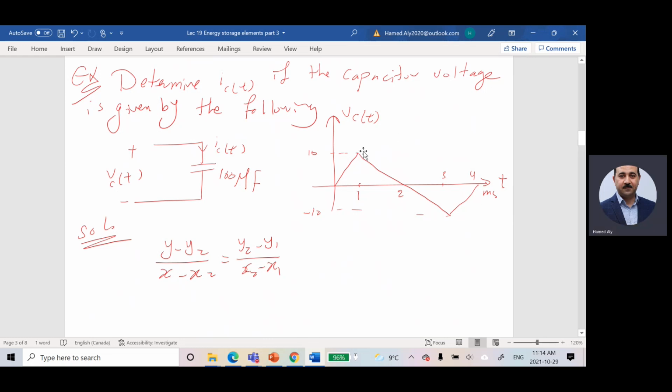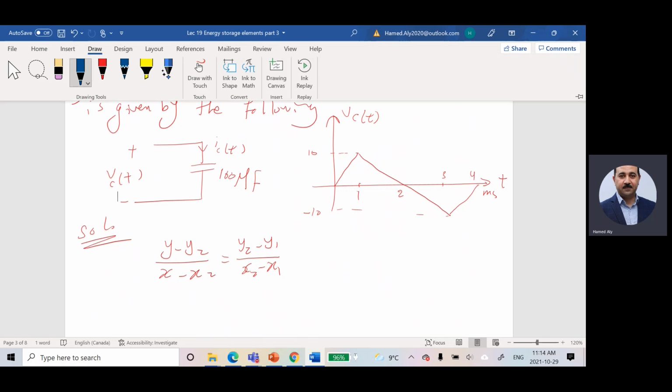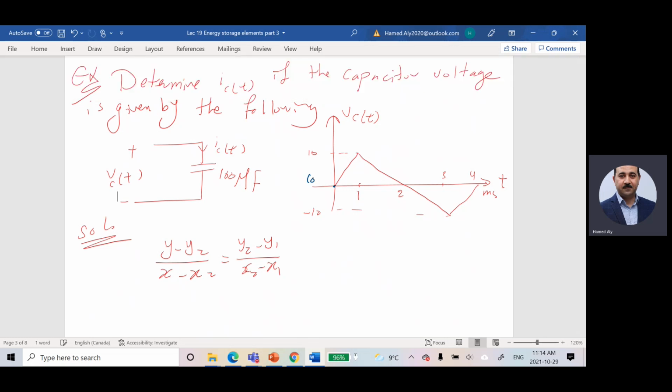Now, let me talk about this line. Imagine that you know two different points here. This point, which is 0 and 0, and this is another point, which is, for example, 1 millisecond and 10. And for this one, this point is 3 millisecond and negative 10. And for this point, I know it is 4 millisecond and 0.